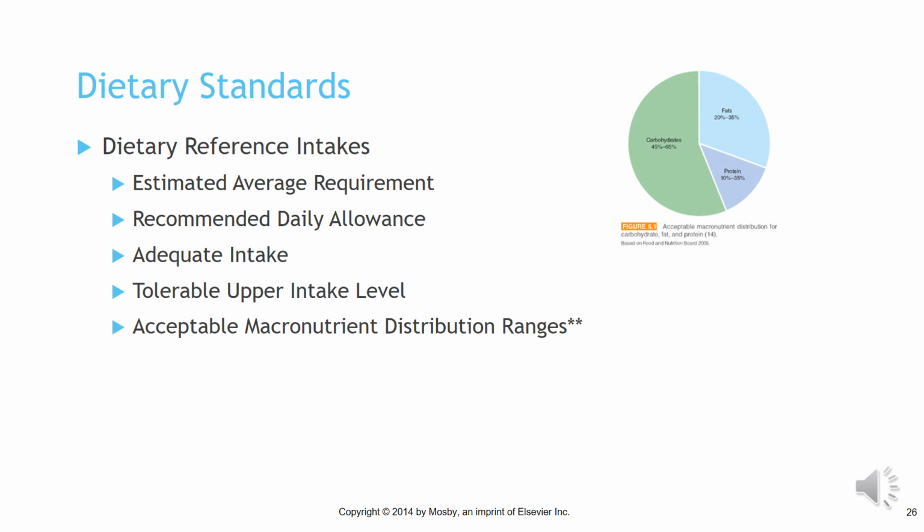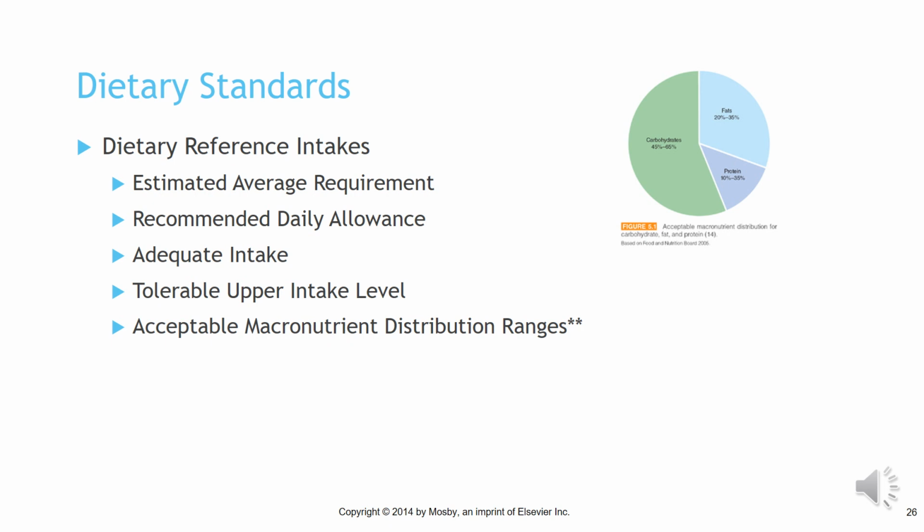And then finally, there's an acceptable macronutrient distribution range. That's a little bit more complicated to understand, but it basically means the percentage of energy intake values for macronutrients: fat, carbohydrates, and protein. For these nutrients, we have ranges set to provide adequate energy and nutrients, but still reduce risks of chronic disorders.